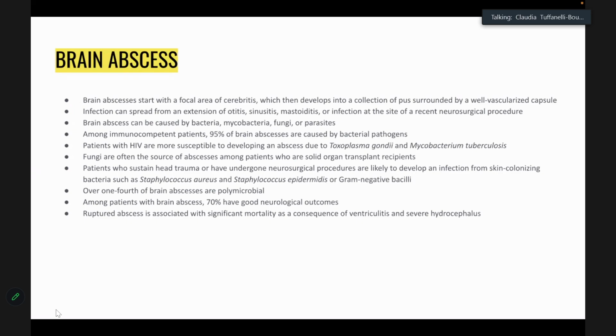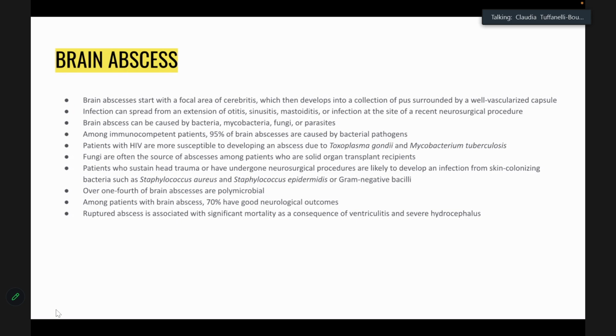Fungi are often the source of abscesses among patients who've recently had organ transplants or are on anti-rejection medications. And if you've had head trauma or undergone neurosurgical procedures, usually the bacteria is going to be something that we have on the skin. So Staph aureus or epidermidis or a gram-negative bacilli.